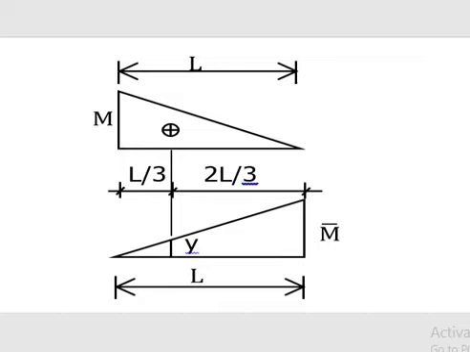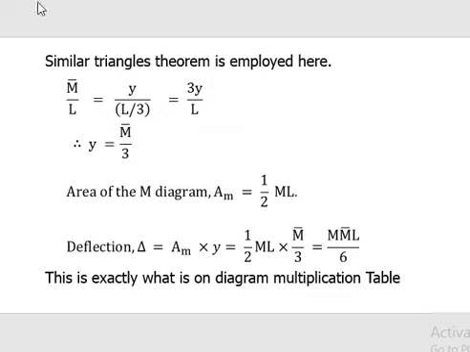Here, the similar triangles theorem can be employed to determine the value of y. You can see, applying the similar triangles, M bar over L equals y over L over 3.